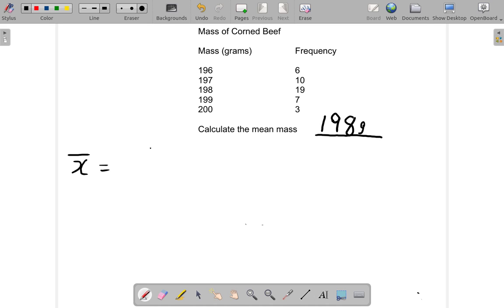This is the sum, uppercase Greek letter sigma meaning the sum of, frequency multiplied by x, which is each item, fx, divided by the sum of the frequency, f. Look in some books and you will see that formula as the way you calculate the mean from a frequency table like this.